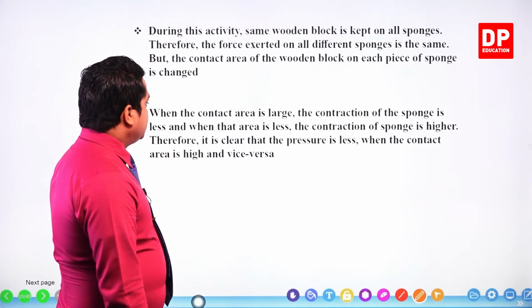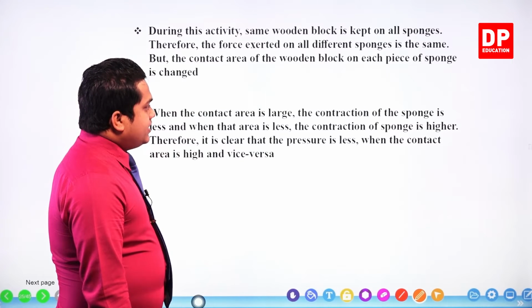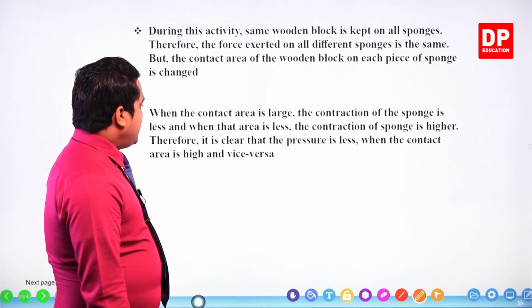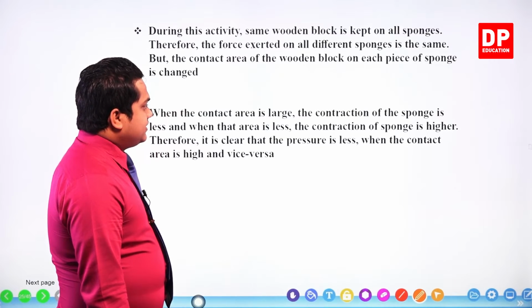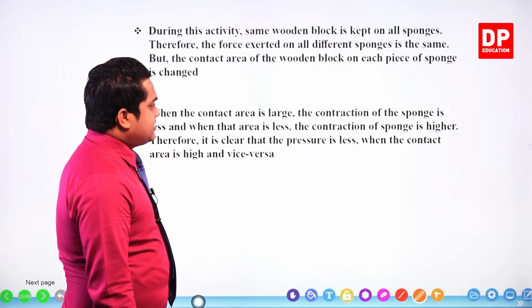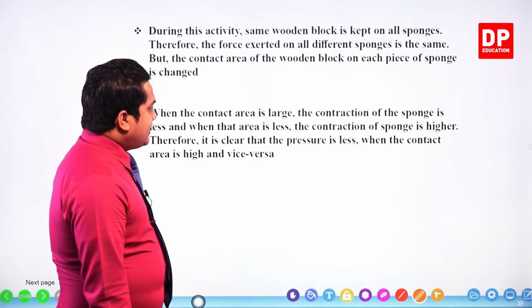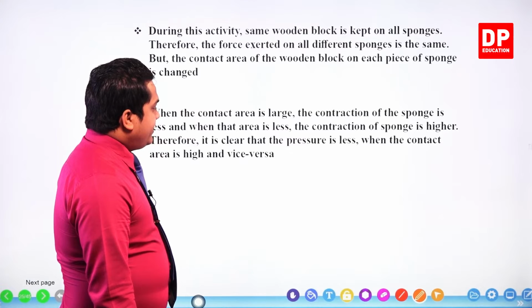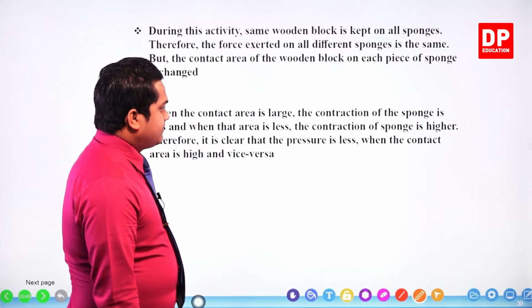Then, when the contact area is large, the contraction of the sponge is less. And when that area is less, the contraction of the sponge is higher. Therefore, it is clear that the pressure is less when the contact area is high and vice versa.